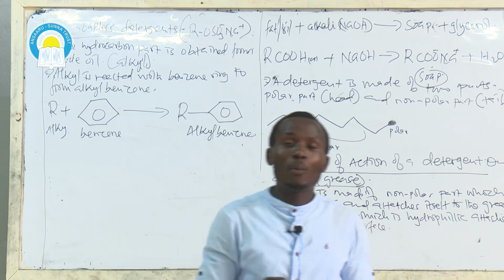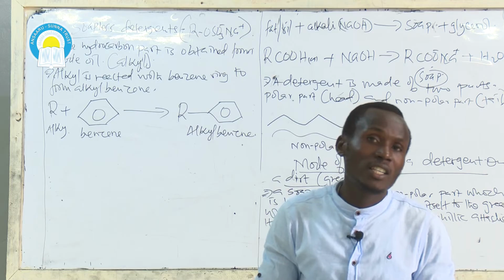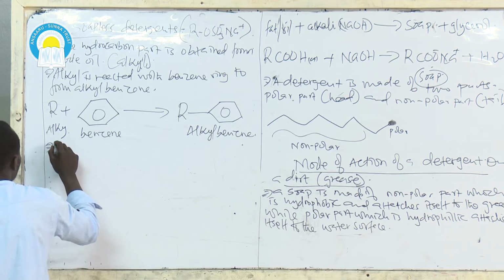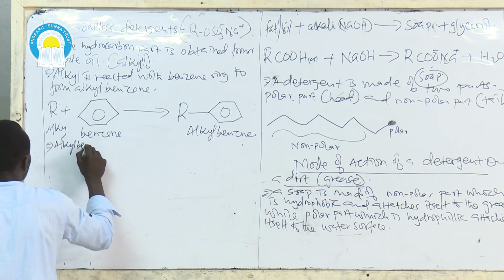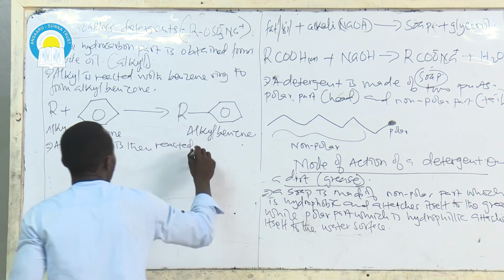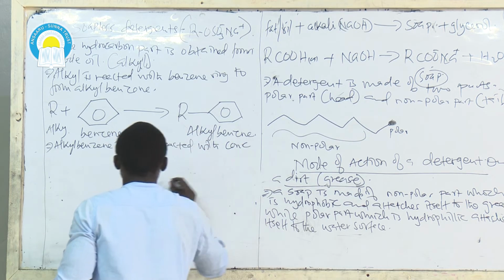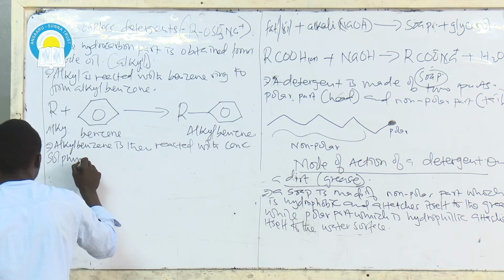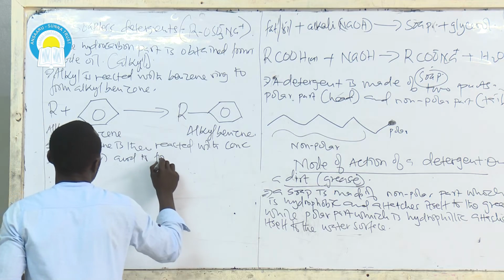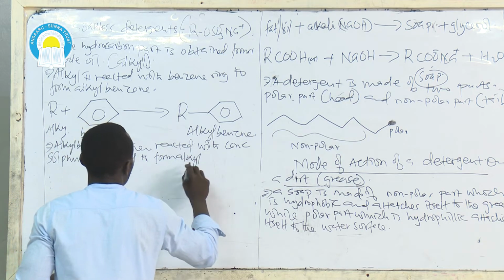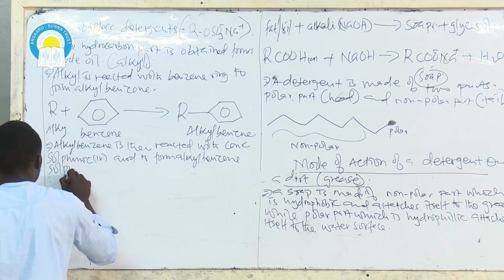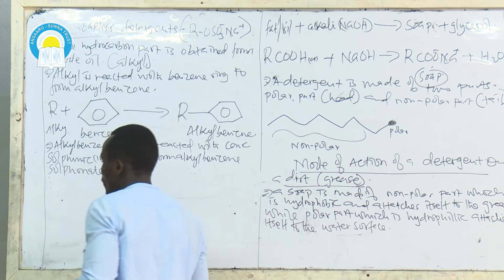Then the alkyl benzene formed is going to be heated in concentrated sulfuric acid. So alkyl benzene is reacted with concentrated sulfuric acid to form alkyl benzene sulfonate.